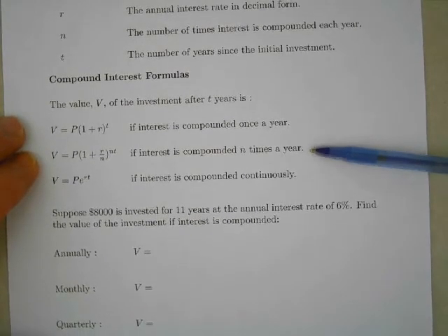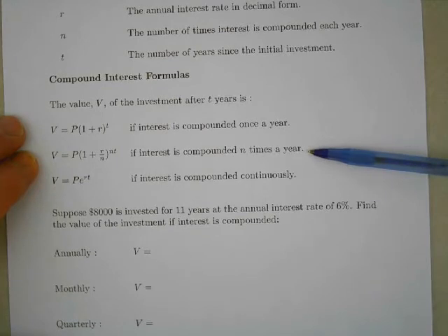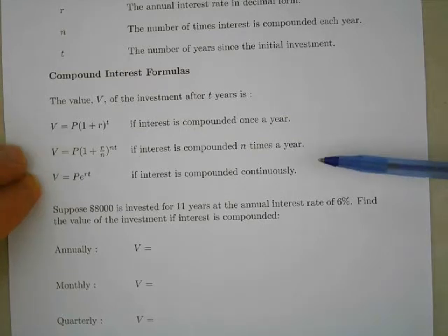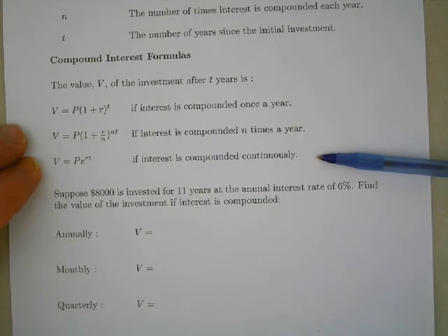If interest is compounded n times a year, then the value of the investment after t years is P times 1 plus R divided by n raised to the exponent n times t. And if interest is compounded continuously, the value after t years is P times e to the exponent r times t.